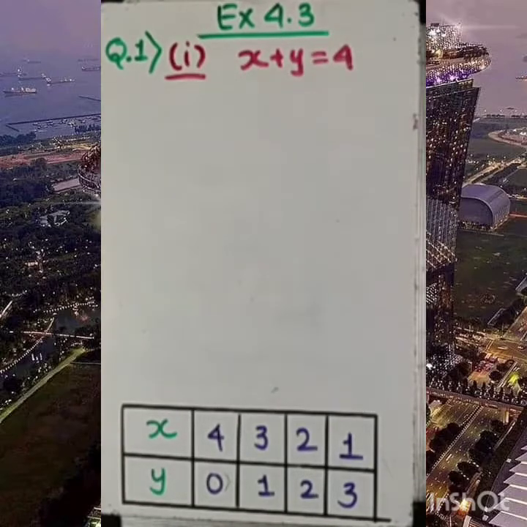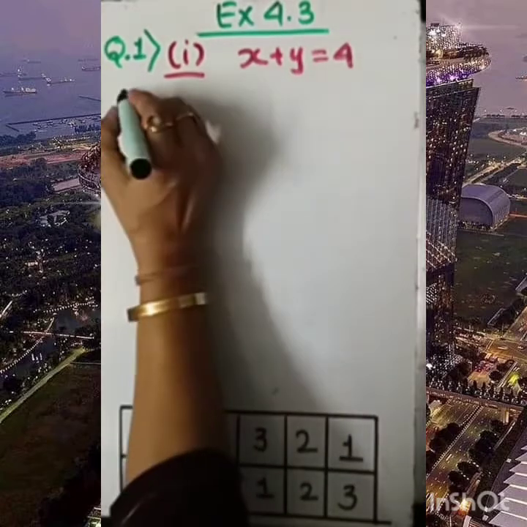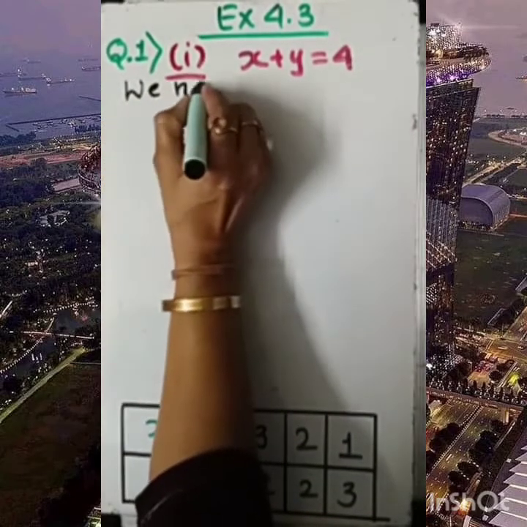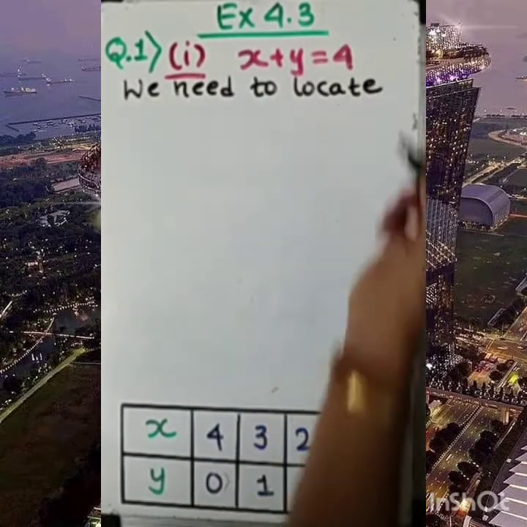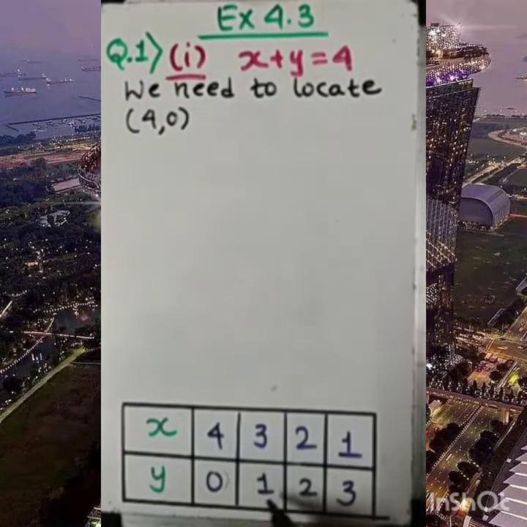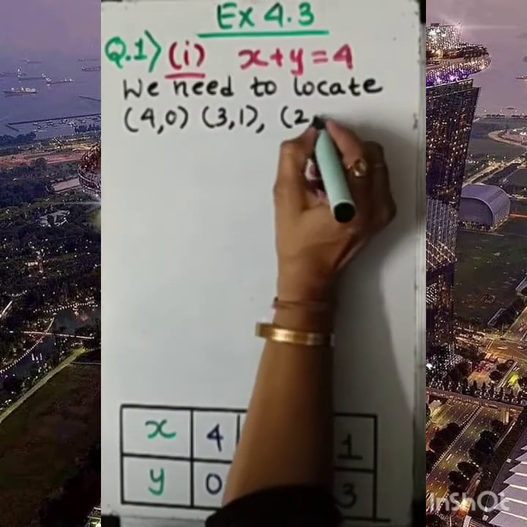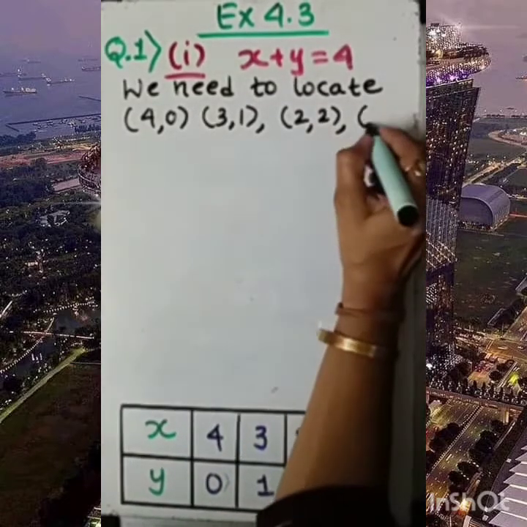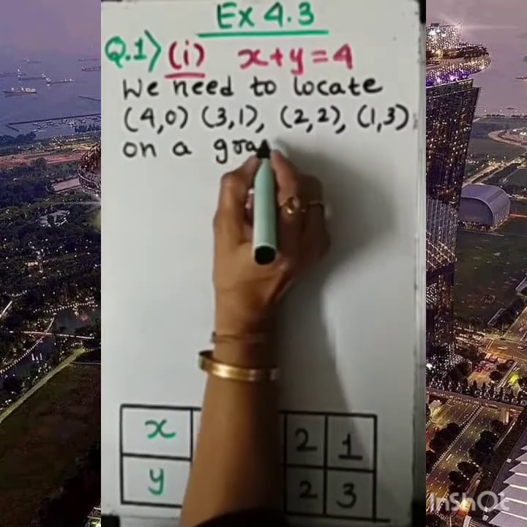Now, the next step, what we have to do, let's see. So dear student, after making this tabular form, immediately after drawing this table, we need to locate the coordinates (4, 0), (3, 1), (2, 2), and (1, 3) on a graph paper.